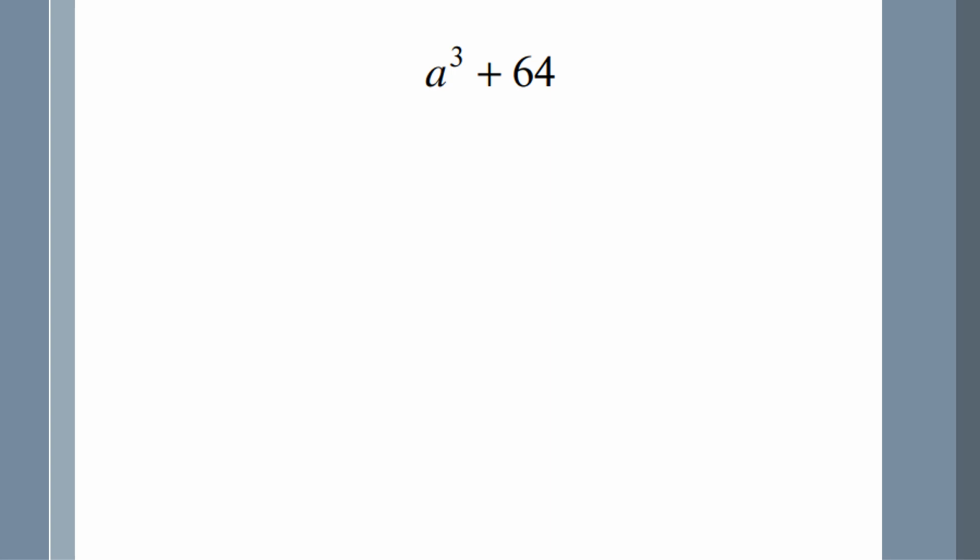But this is cubed, so you know 64 has 4 repeating 3 times to give you that 64, because this is cubes. And then you have 3 a's. Now I want you to pause the video and try to do this one with the help I gave you. Pause it and do it.